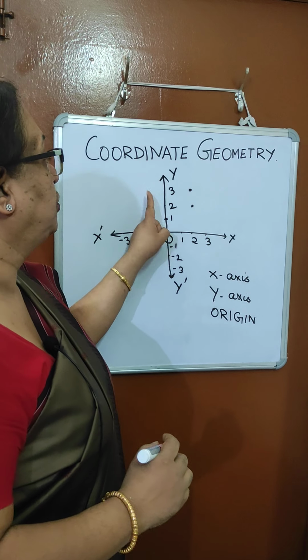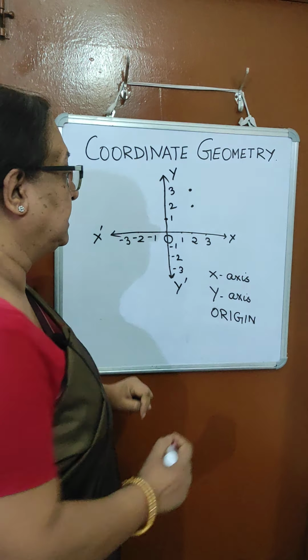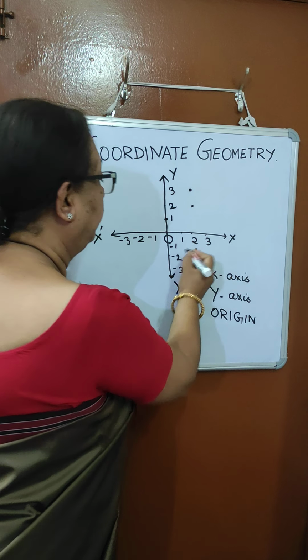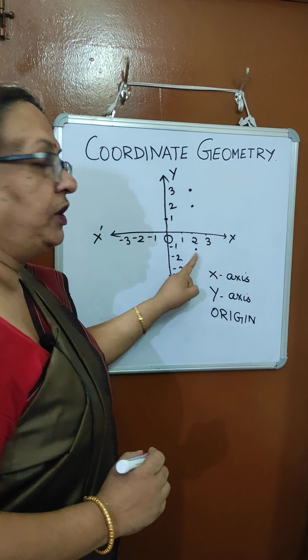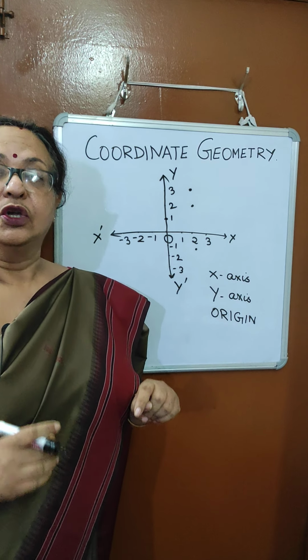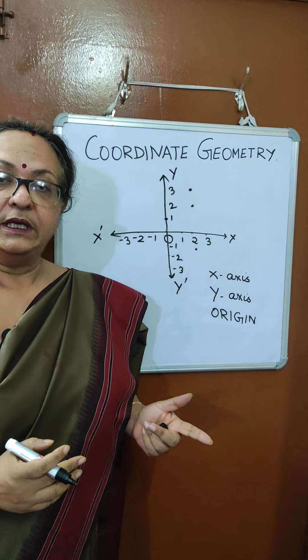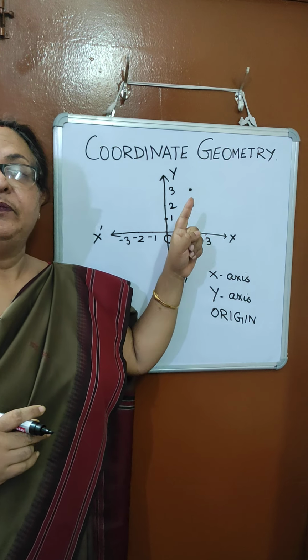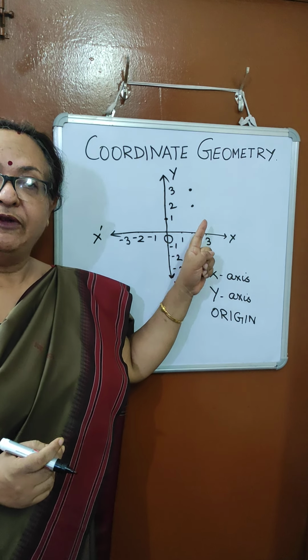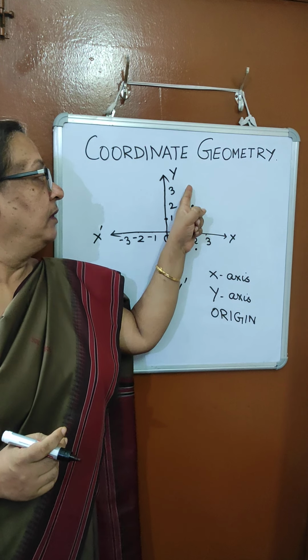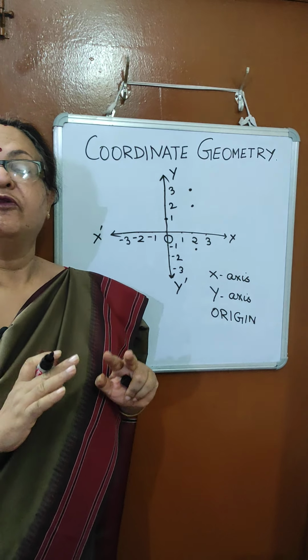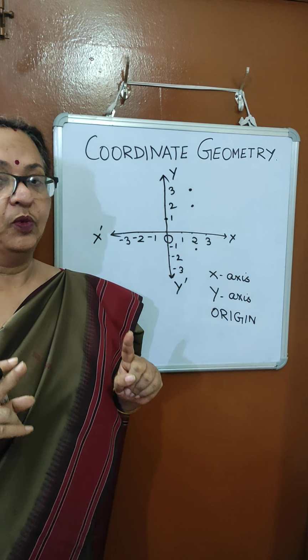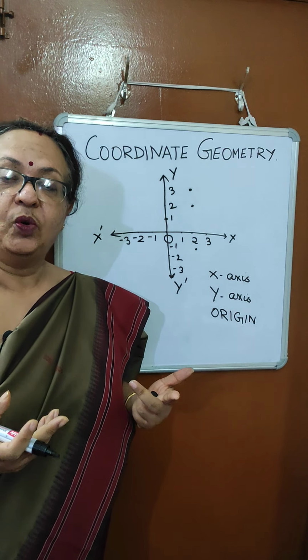This point is also 2 units away from the y axis. This is again 2 units away from the y axis. So there can be many points. So if I say I want a point which is 2 units away from the y axis, just telling this will not give me a definite position. So what else do I need?